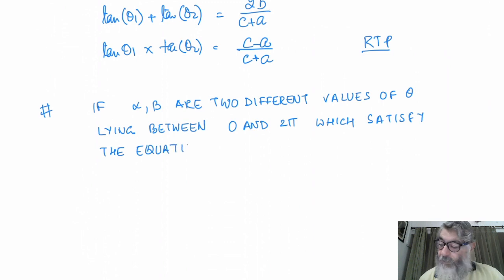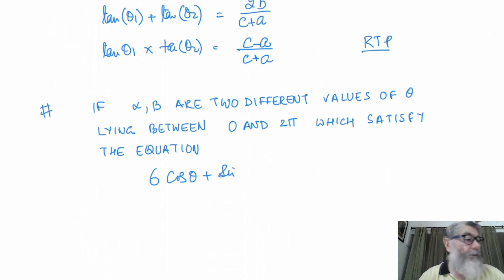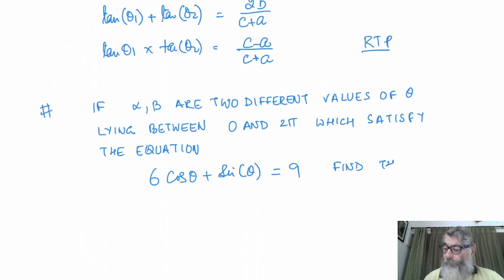The equation is 6 cos theta plus 8 sin theta is equal to 9. Find the value of sin alpha plus beta.